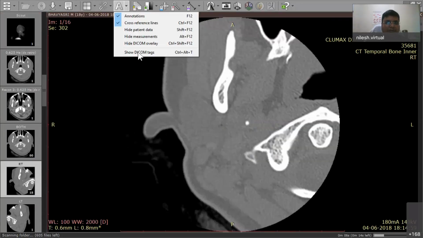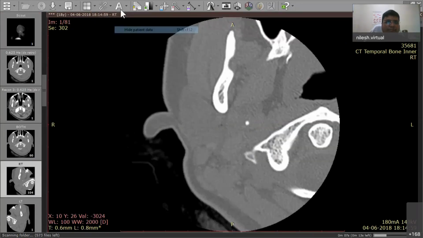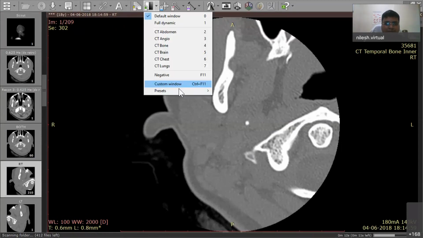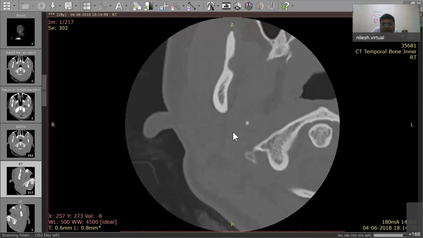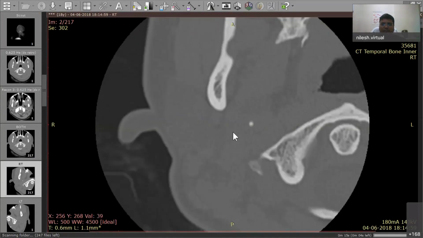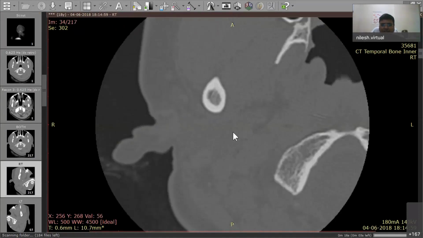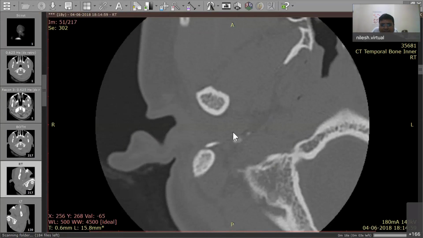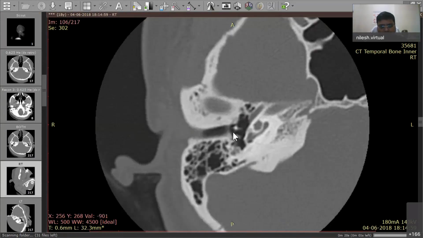So we'll open our normal scan and find the stapes. Yes, the stapes is there.